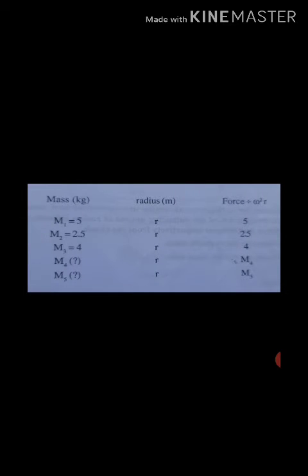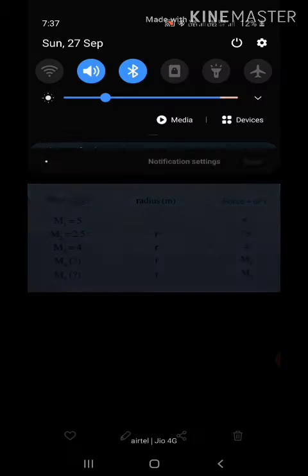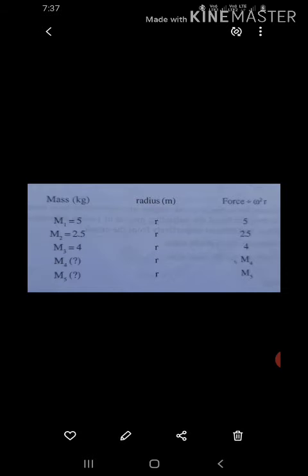Now draw the tabular column. Name it as mass, radius and force. Mass m1 is 5, m2 is 2.5, m3 is 4, and m4 and m5 are unknown, which you have to find. The radius we will take as r equals 1.